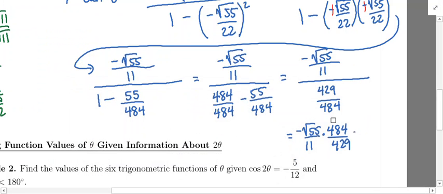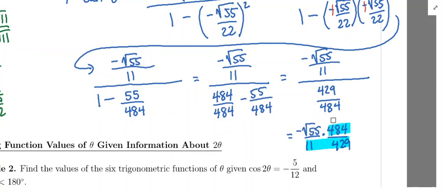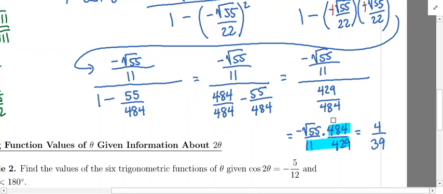So that's what this part turns into. Don't forget the negative sign and the square root of 55. So it's going to be negative 4 times the square root of 55 all over 39. That's your answer. That was messy.